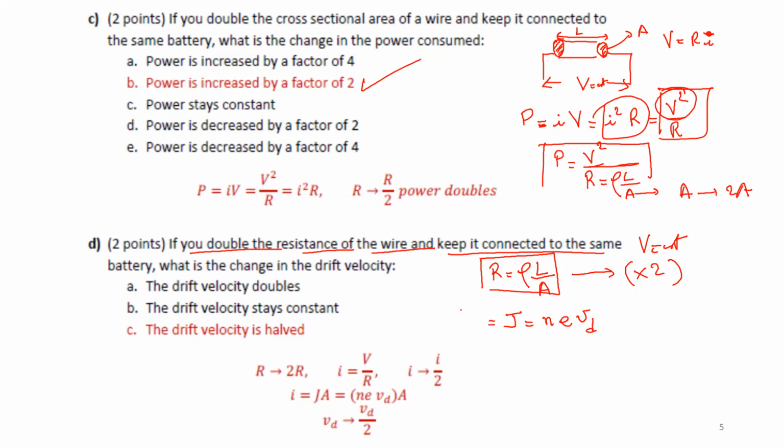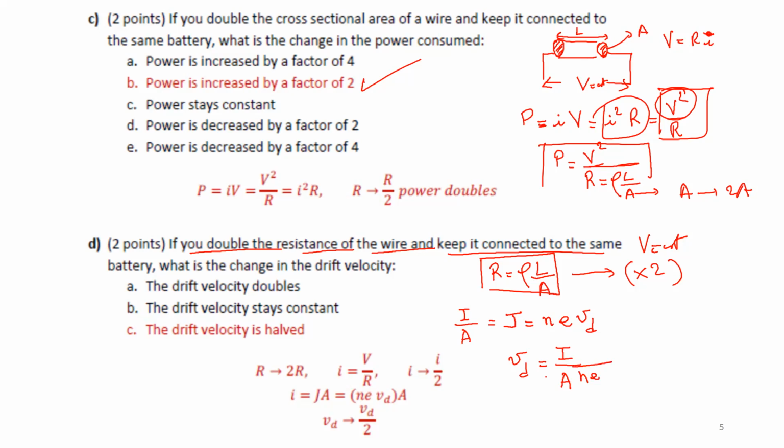But you know that the current density is just current divided by area. So basically, V drift will be equal to current divided by area, which is the current density, divided by N E. Do we agree with this?